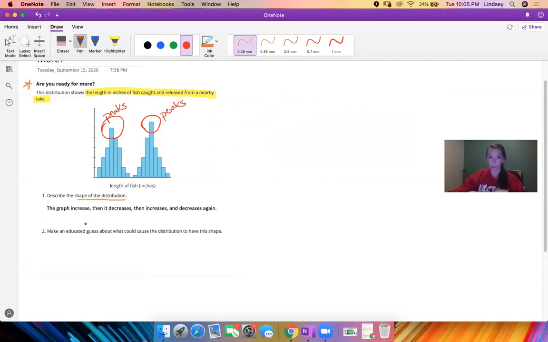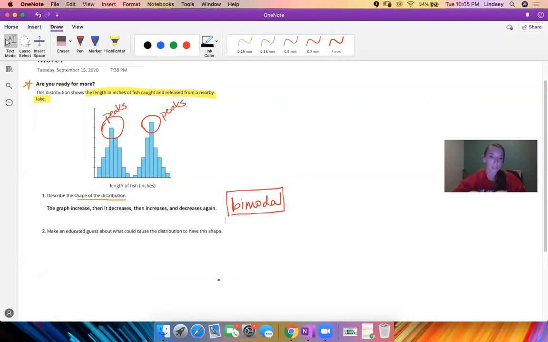It's bimodal. So for that one, if you're being very descriptive, it increases and decreases and increases and decreases, or you could say it's a bimodal graph. As we move forward in this unit, that's going to tell you a lot more than you think about the data.